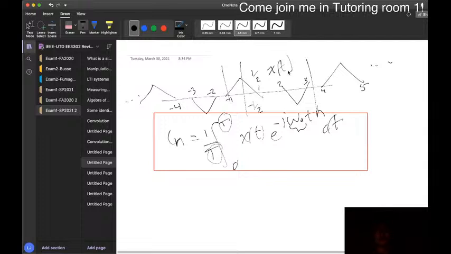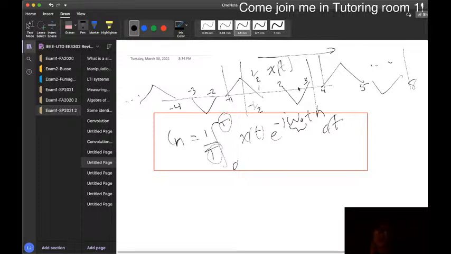So from -1 to 3, notice that if we move this over by 4 units, then we're also going to get the same exact signal. This time it's going to be starting from 4 to 8.